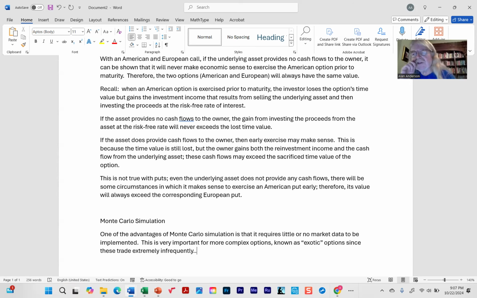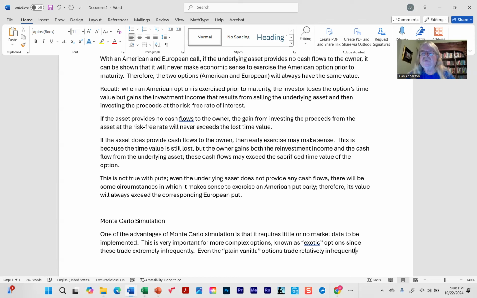Okay, even the standard ones, the American call and put, European call and put, the so-called plain vanilla options, they don't trade anywhere near as often as, let's say, stocks do. They trade relatively infrequently.